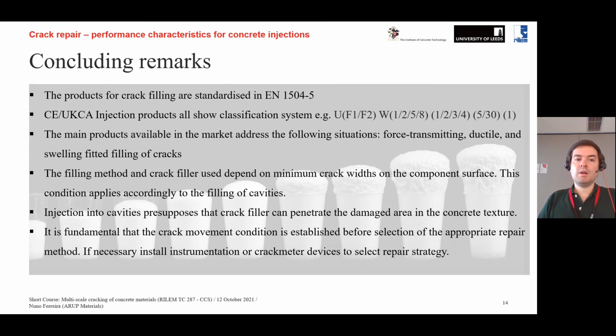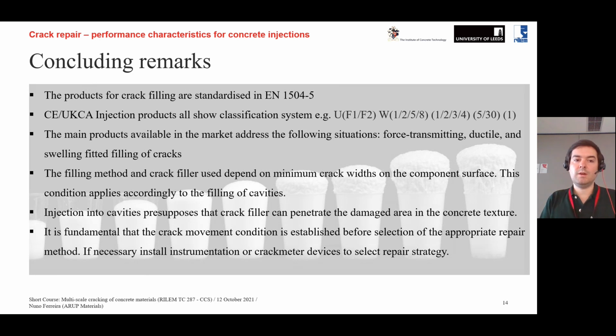In terms of concluding remarks, the products for crack filling are standardized, so it's very easy to pick the standard and even specify any product according to it. They all have classification systems, which makes life considerably easier for engineers, specifiers and consultants to target and fine-tune their products, because it's not a manufacturer secret anymore.